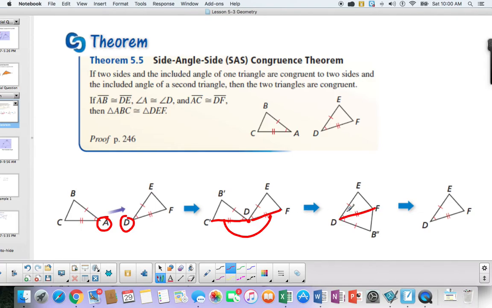Now we have these two angles matching and these two sides matching, and if we do a reflection, this side will match to this side, this angle will match to this angle, and all of these other sides and angles that weren't mentioned will come along and get mapped. So our shortcut is called SAS.